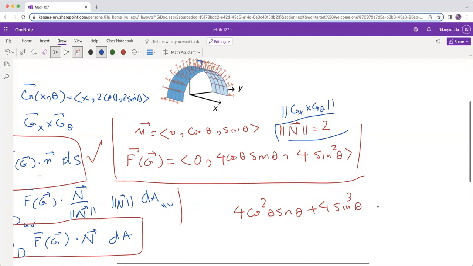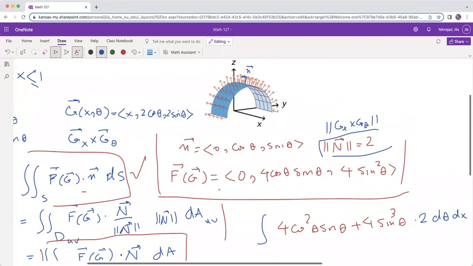So I get the 2 in here, and I get d theta and dx. Let's go back and figure out what theta was running.